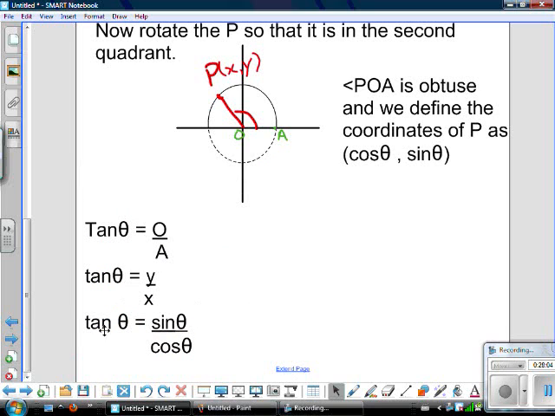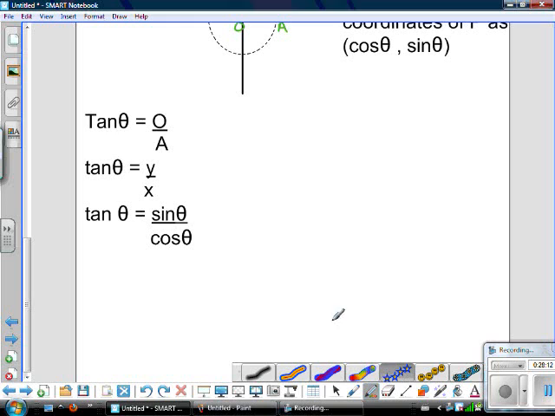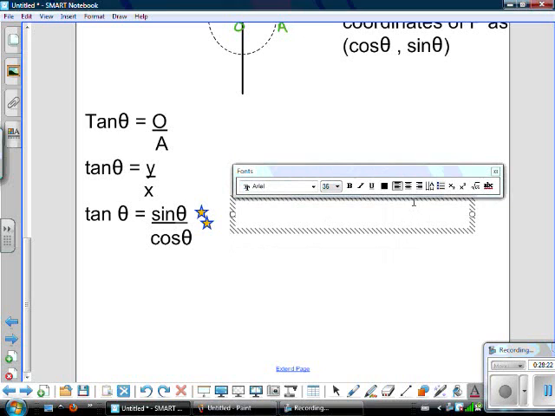And this is special in the sense that it has a special name, this relationship, tan theta equals sine theta over cos theta. It's actually called the quotient identity. And later on in this unit, we'll be using the quotient identity when we're doing trigonometric proofs. So it's something that we use to prove other things.